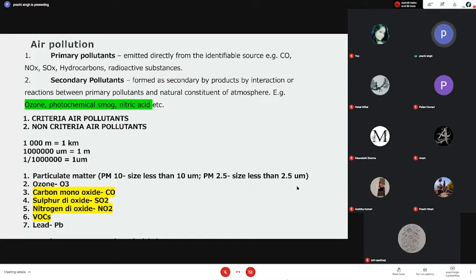Manufacturing units are there, and even the production of thermal power is also one part of the industrial part. So the major causing agents are vehicular emission and industrial emissions.